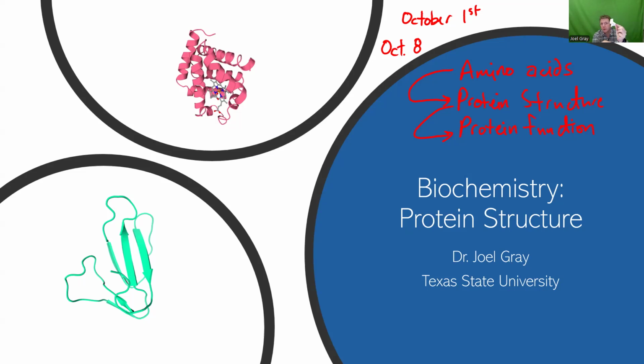If this one is involved in breakdown of sugars, and this one has a similar structure, chances are it also has a role in the breakdown of sugars. So there's this kind of interconnection between protein structure and protein function. What we're getting into today is protein structure and the levels and the organizations of protein structure.